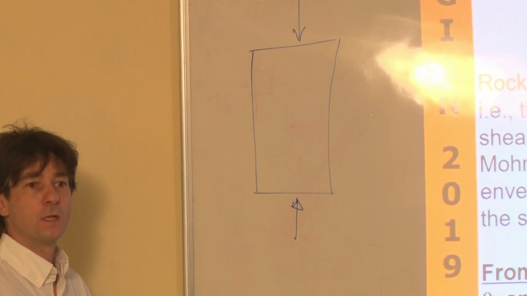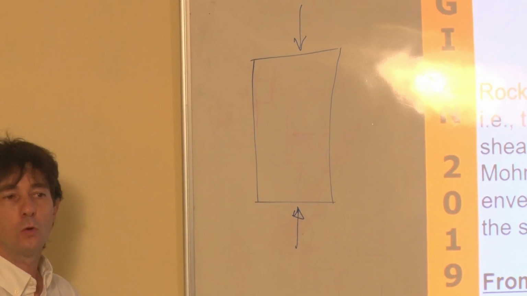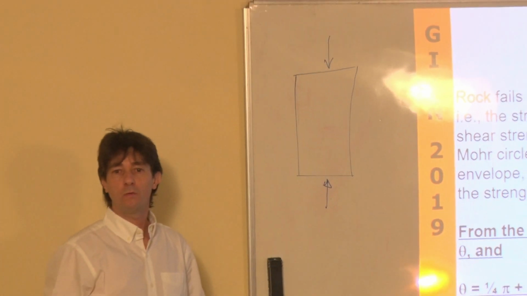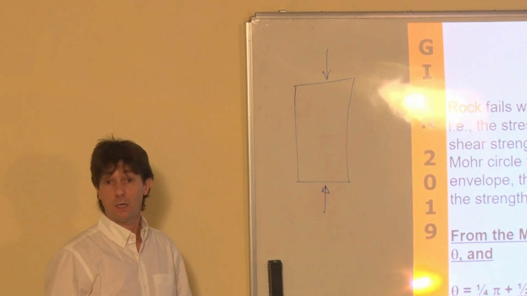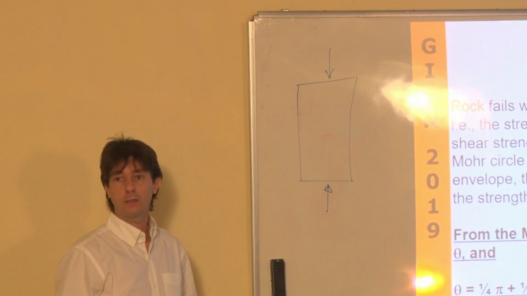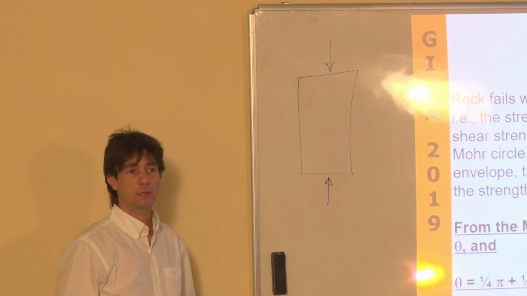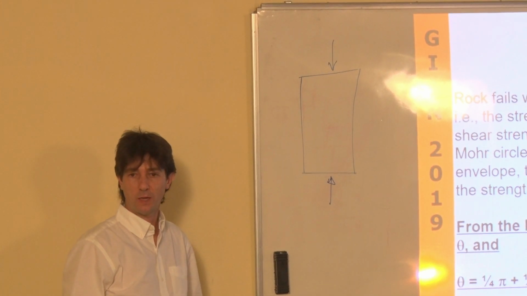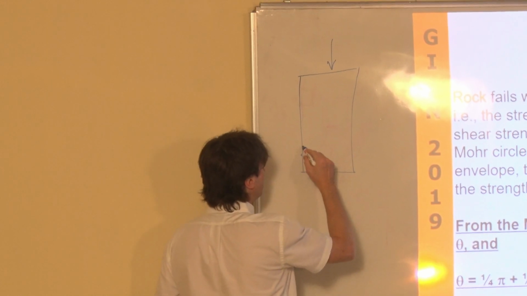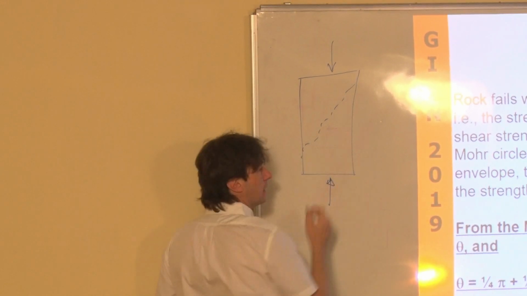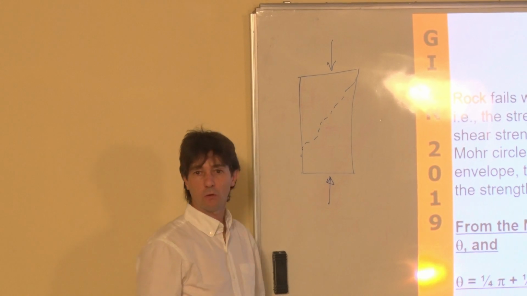Okay? Very often you run numerically a sample that reproduces, let's say, a triaxial test or compressive test. You know what you're going to have? You're going to have maybe development of something like that. That is your failure.